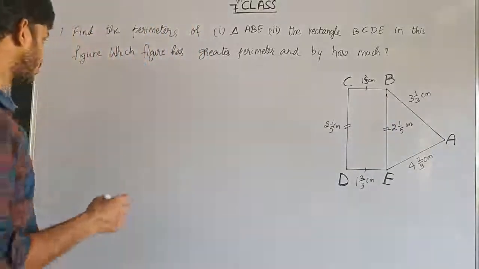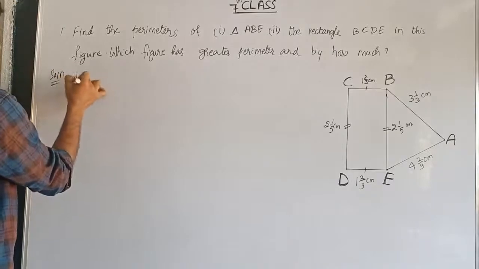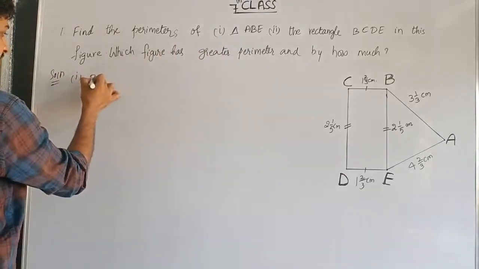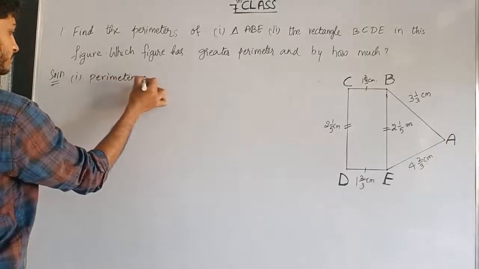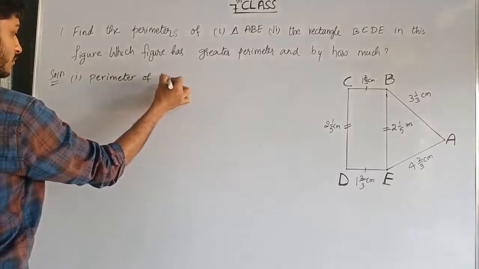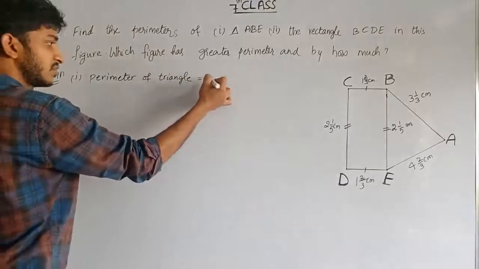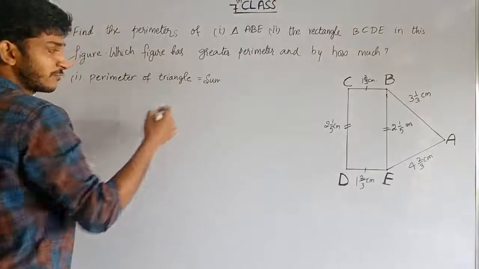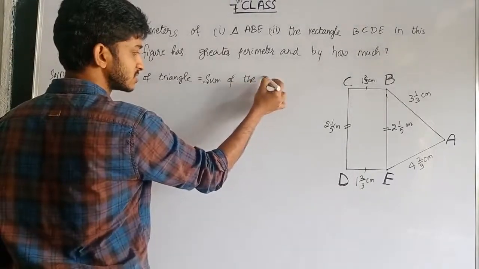Okay. Now see here. First I am finding the perimeter of the triangle. Perimeter of triangle is equal to, what is the formula for perimeter of triangle? Sum of the sides.